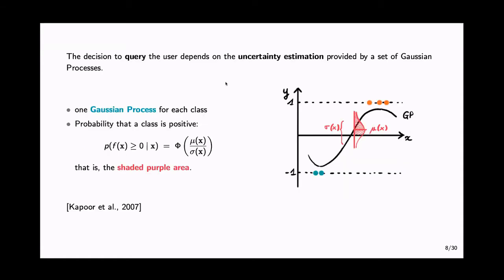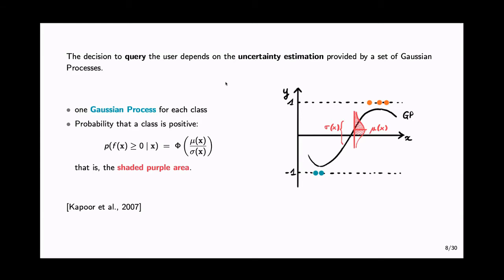So how are these checks implemented? In a more recent implementation of skeptical learning, the decision to query the user depends on the uncertainty estimation provided by a set of Gaussian processes. Gaussian processes are non-parametric distributions over functions, and the idea is the following.